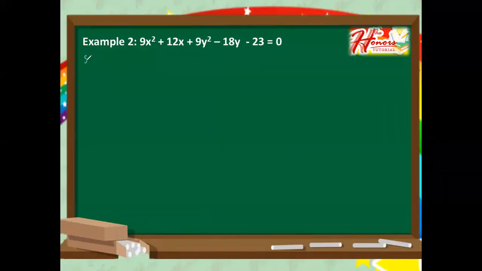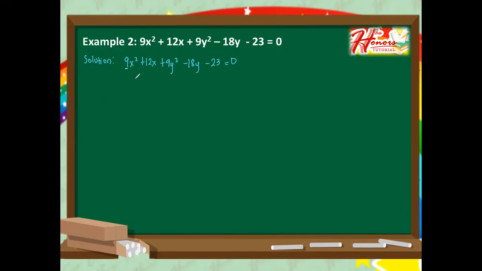Let's write our solution here, and after that, let's copy the given. So that is 9x squared plus 12x plus 9y squared minus 18y minus 23 equals 0. As you can see here, we have a numerical coefficient of x squared aside from 1, and that is 9.